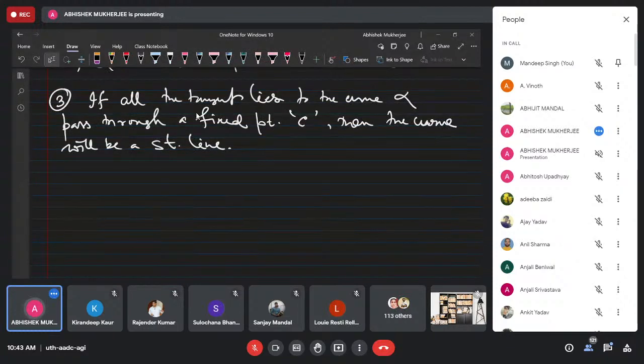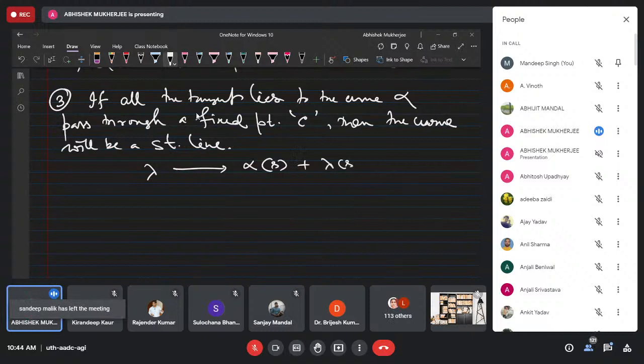Just by constructing these tangent lines, that is, suppose you take a map, lambda goes to alpha s plus lambda s alpha dash. Okay.